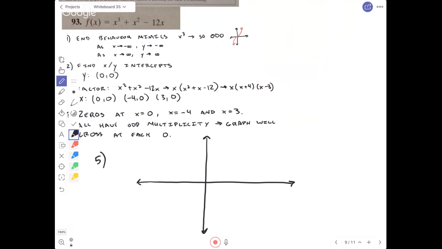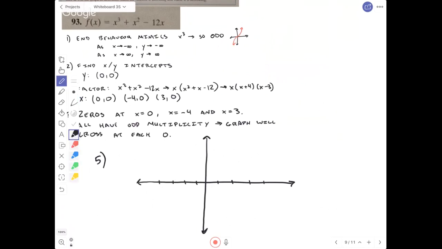I know I've got a zero at -4. So 1, 2, 3, 4. I know I've got a zero at 3. 1, 2, 3. And at 0. I know that the overall end behavior looks like x cubed, so it's going to be going down towards infinity and then come up and then go up towards infinity.